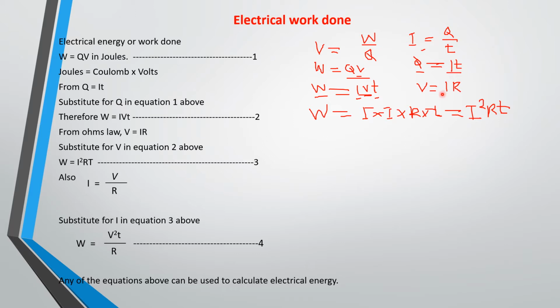Also from this particular equation, we have that current is equal to V over R. You can substitute this into this equation or into this equation, as the case may be.